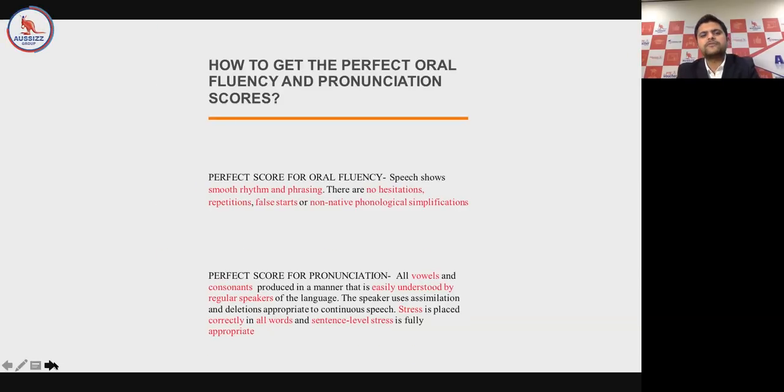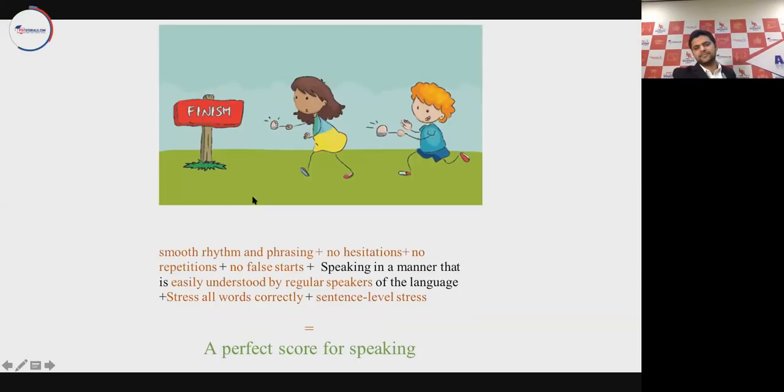To put it very simply, maintaining fluency and pronunciation at the same time, and ensuring that you are performing well on both these enabling skills, is like running the lemon and spoon race. When you're running the lemon and spoon race, you have to maintain your speed, you maintain your flow, but at the same time the lemon does not fall off from the spoon.